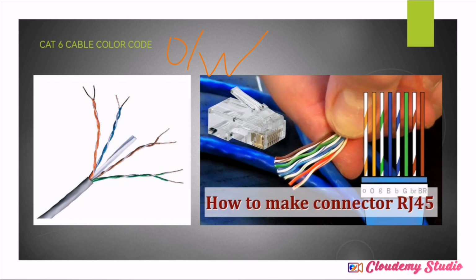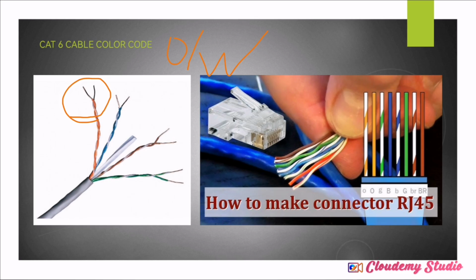So there is an orange color and a white with some dotted orange of the same color. So we have orange, white, meaning you have an orange cable as well as another cable that has orange and some white.